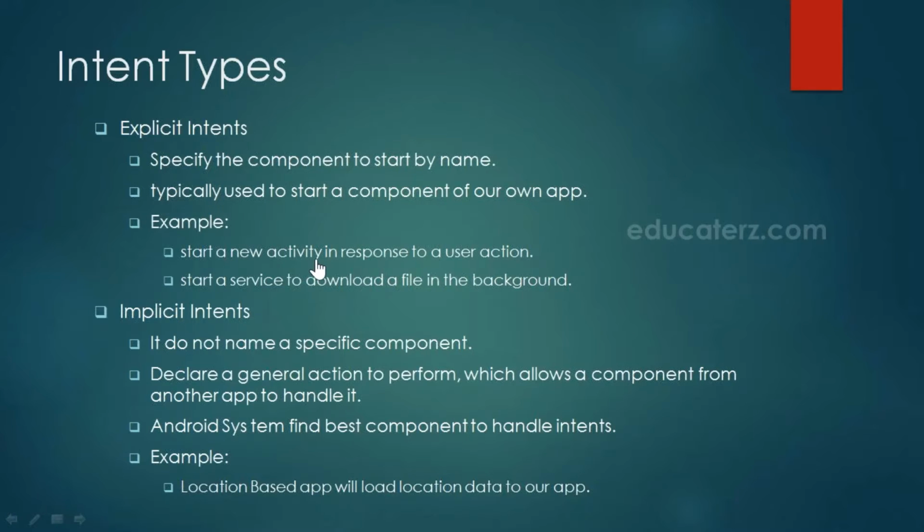Examples are starting a new activity in response to a user action, or starting a service to download a file in the background. Implicit intents do not name anything. You should not give any specific name. It declares a general action to perform, which allows a component from another application to handle it.